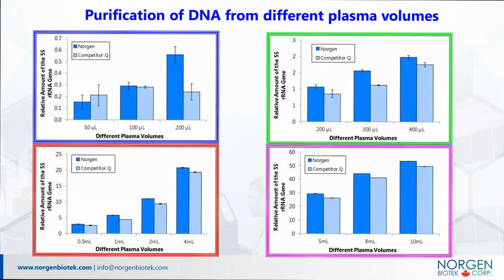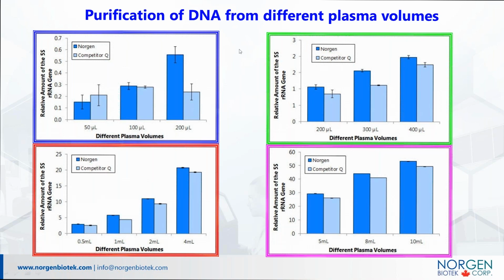With the silica-based technique, at some instances it's linear, sometimes you lose linearity. This could be the loss of linearity maybe because of overloading the silica with DNA, or because maybe the quality is not as good. That's why you are getting inhibition.